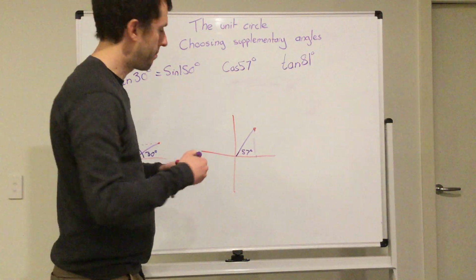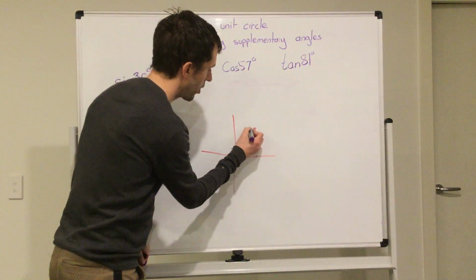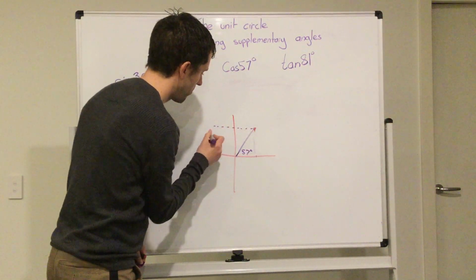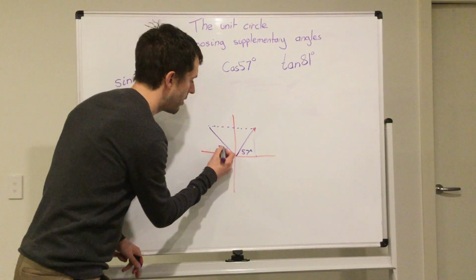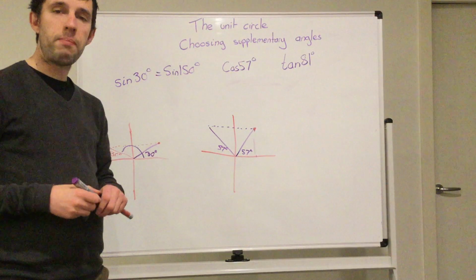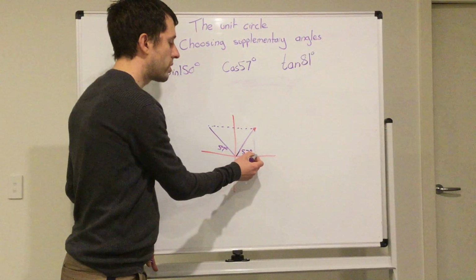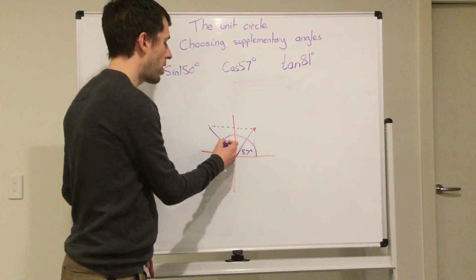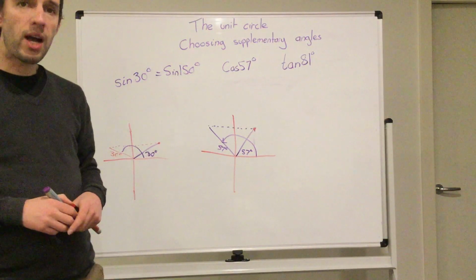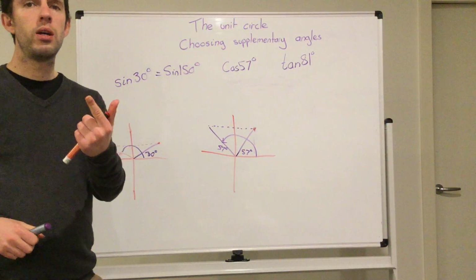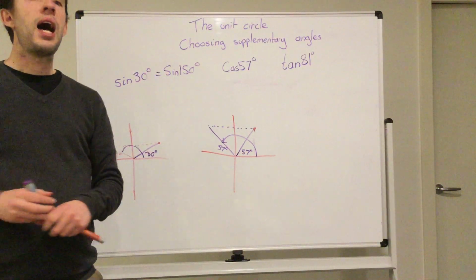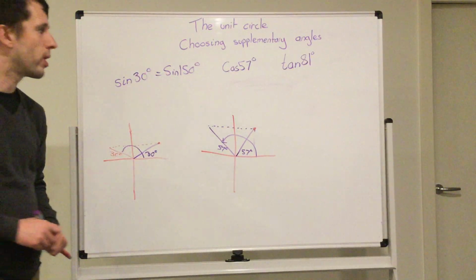So to do that, I am going to be going across and then going straight down and having 57 degrees here. So that means my angle starts here and it's going all the way over here. Another way I could think about it is, what is 180 take away 57, which is 123.